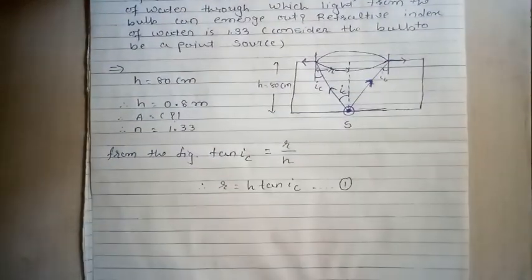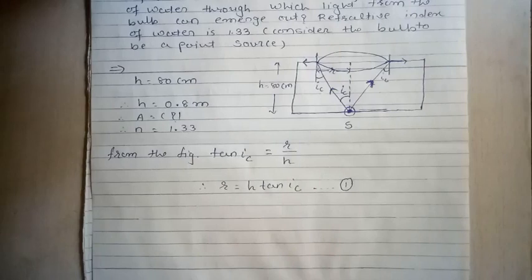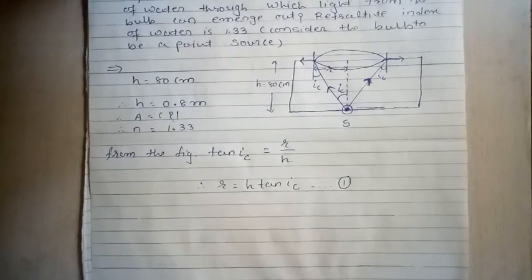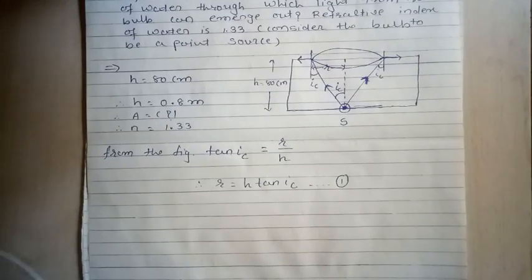So to find out the area we have to find out R, and to find out R we have to find out the value of the critical angle. So the question is how we can find out the critical angle. So friends, we already know the formula, we studied this already.